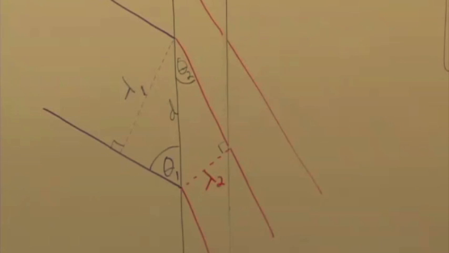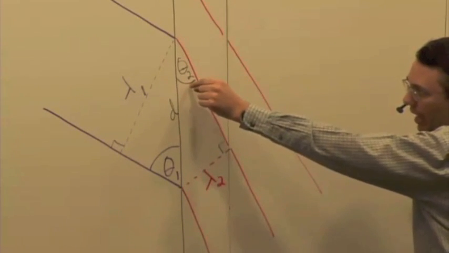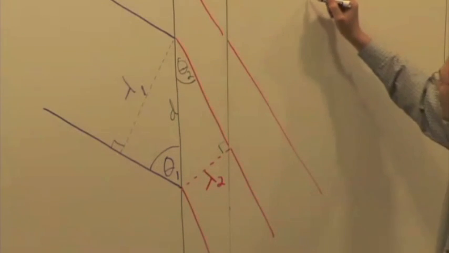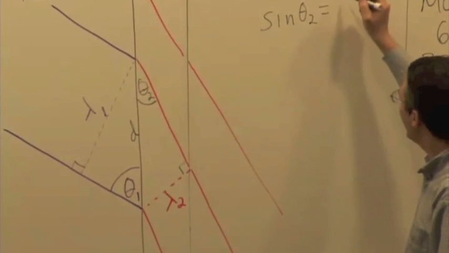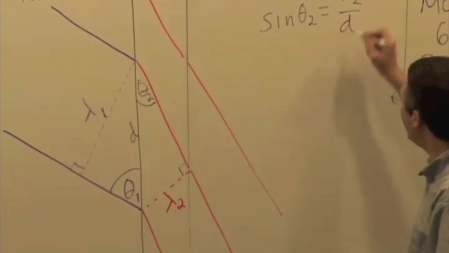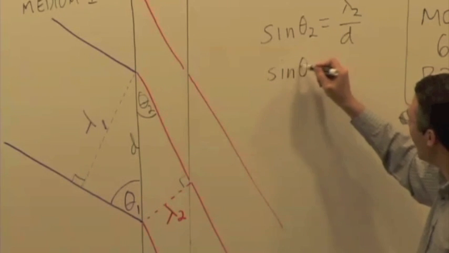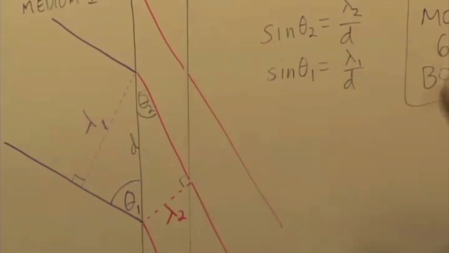We do a little trigonometry. Look at this right triangle: the opposite side over the hypotenuse gives me the sine of the angle, so sine of theta 2 is lambda 2 over d. Sine of theta 1 is the same thing: sine of theta 1 is lambda 1 over d, and d is the same. That hypotenuse is the same for those two triangles.